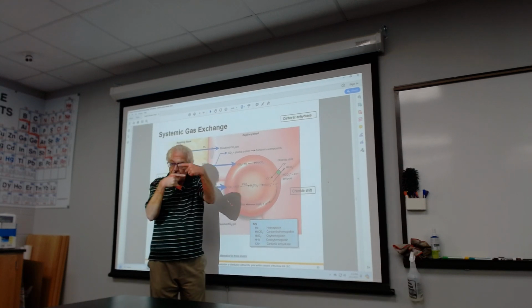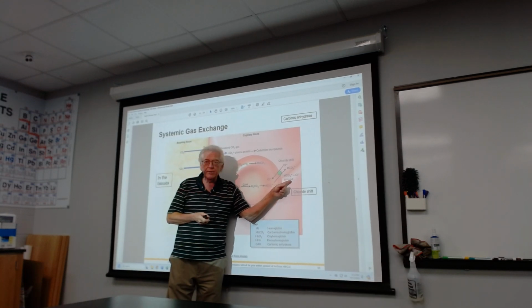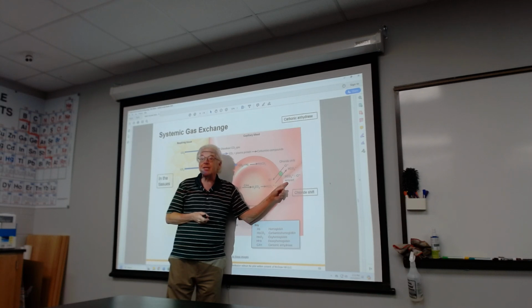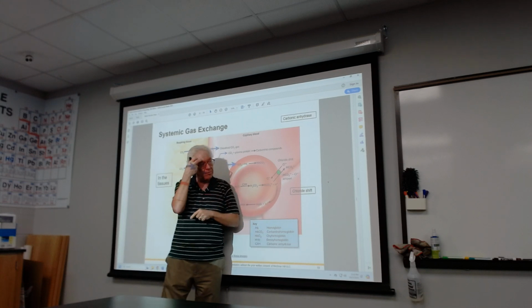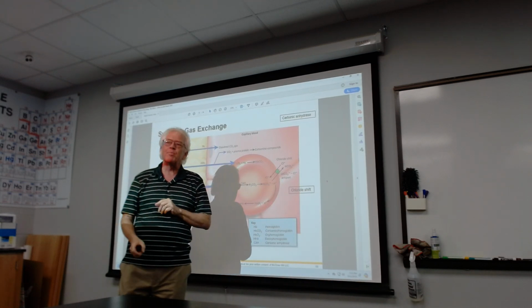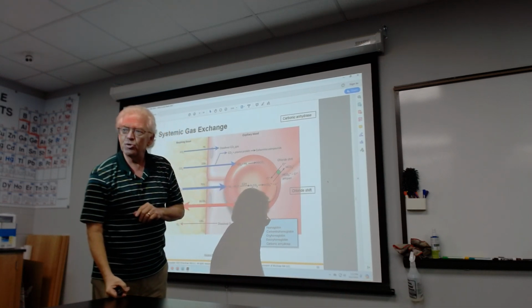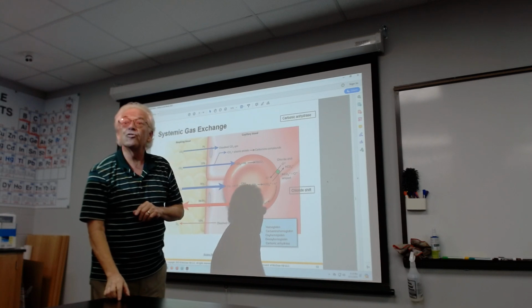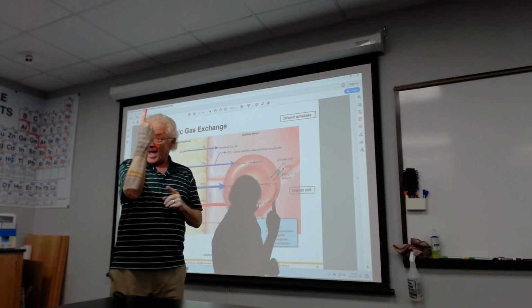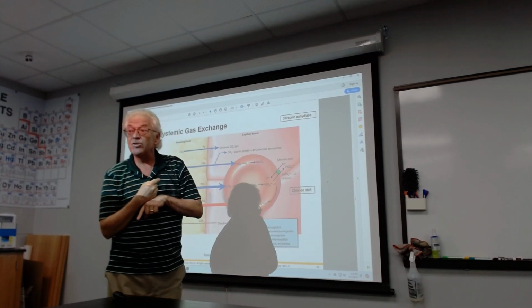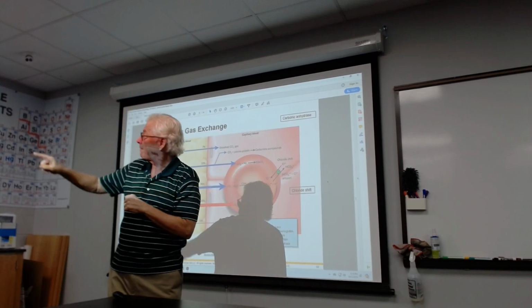If they're going in opposite directions, we call that a what? Antiport. Anti. Got it? We're going to transport it in opposite directions. What's the other antiport that we've talked about since 210? Sodium-potassium pump. Aren't we pumping the sodium back out and pumping the potassium back in? And what's the charge on both sodium and potassium?